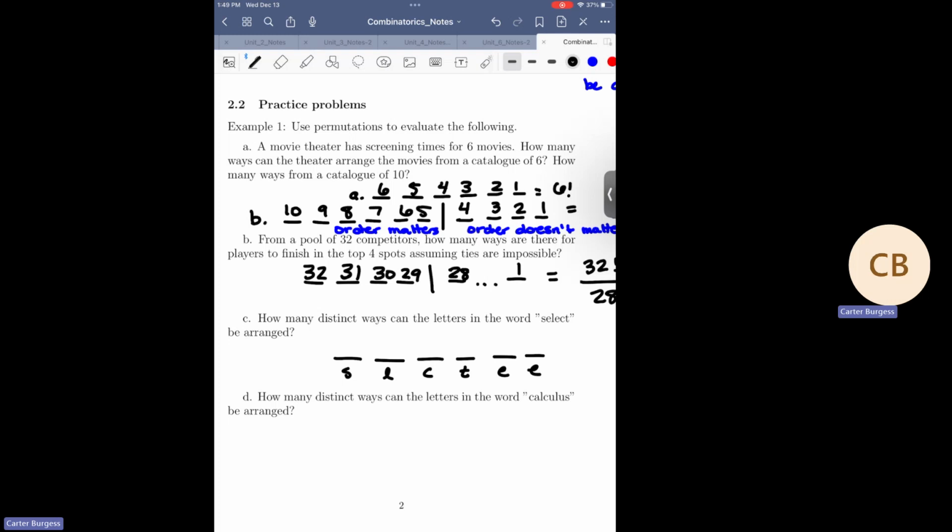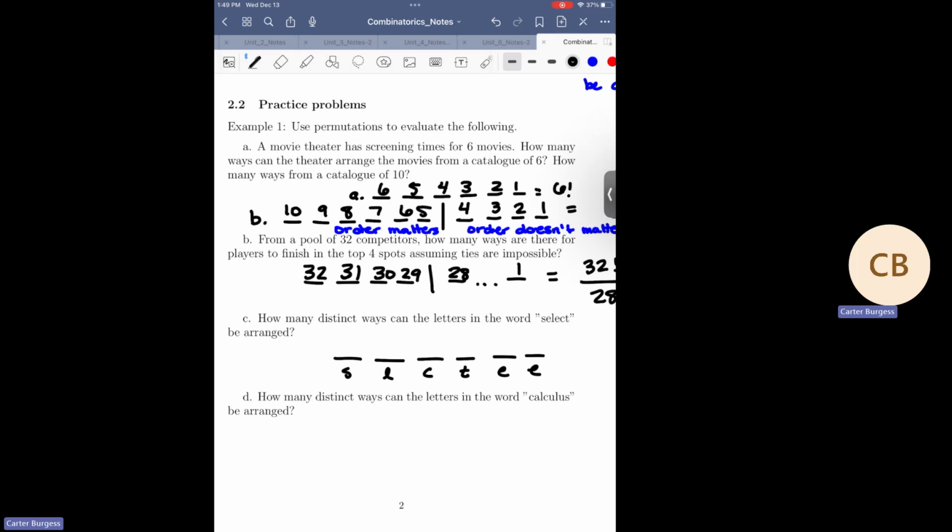The order that matters is the final arrangement of the letters, right? There's something fundamentally different about assigning S to the first slot versus S to the sixth slot. But if I assign S to the first slot after I assign C to the second slot, or vice versa, that doesn't change my outcome. It doesn't actually affect anything. So I can do this in any order that I want.